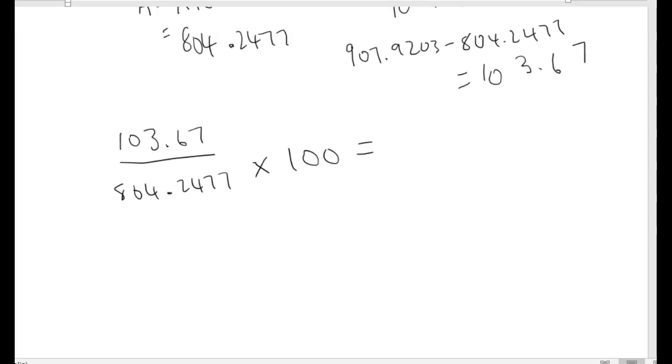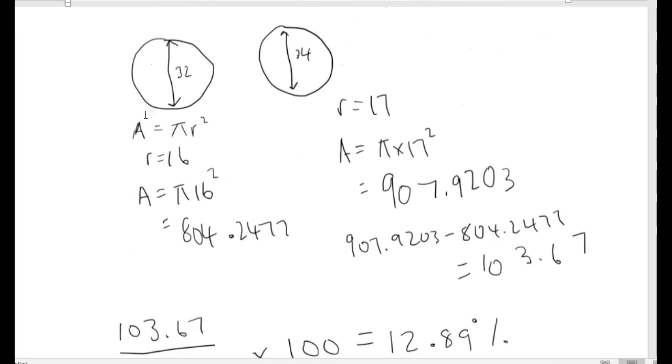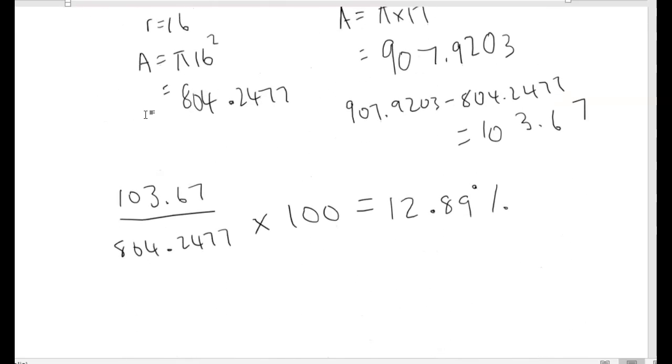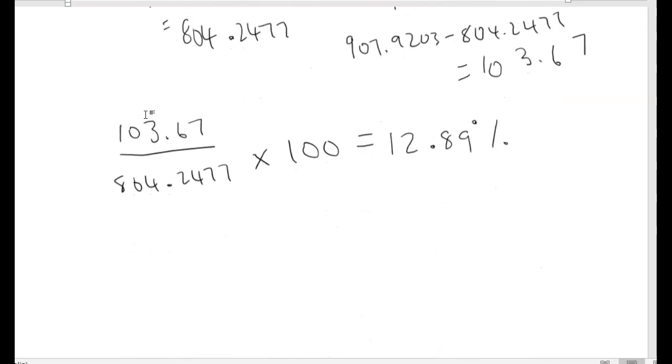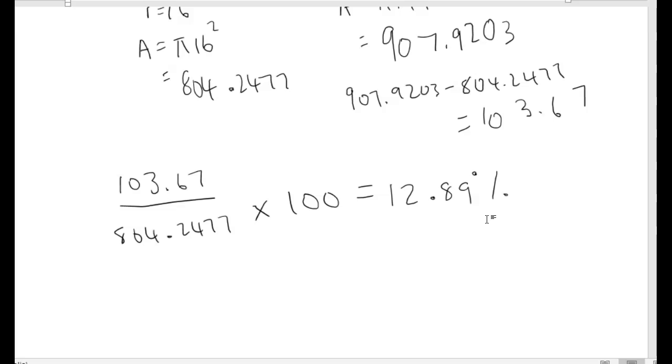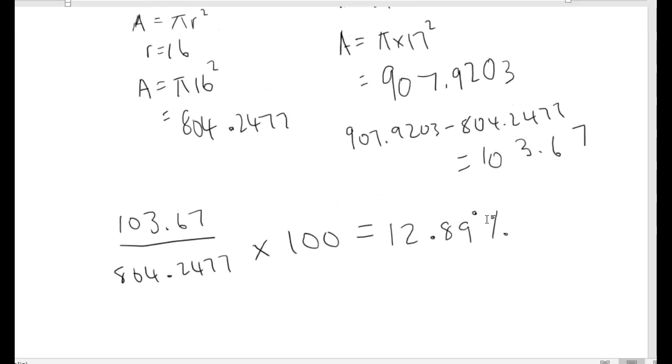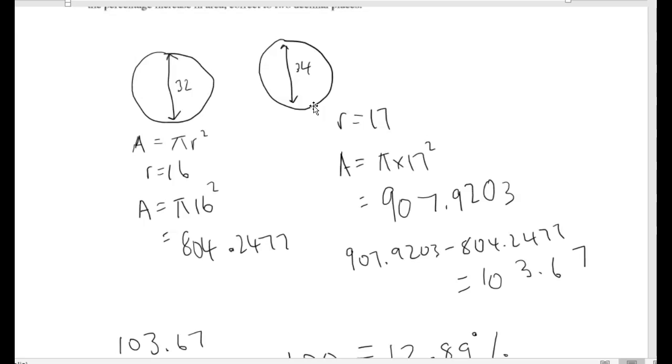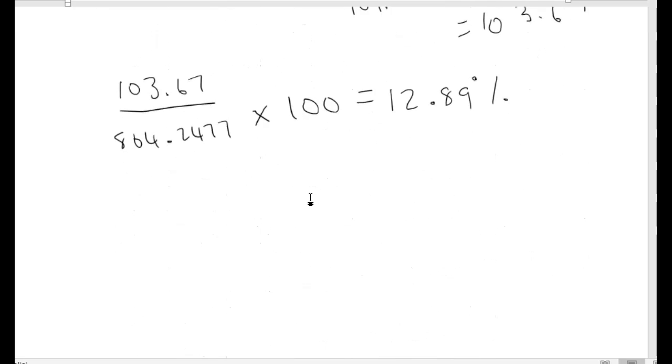I'll quickly do that on my calculator, and you get 12.89%. I'll just check the decimal places it wants. 2 decimal places. Okay, cool. I thought so. So it's increased by 12.89%, which sounds like a lot, even though you've just increased it by 2 centimeters, quite a big increase.